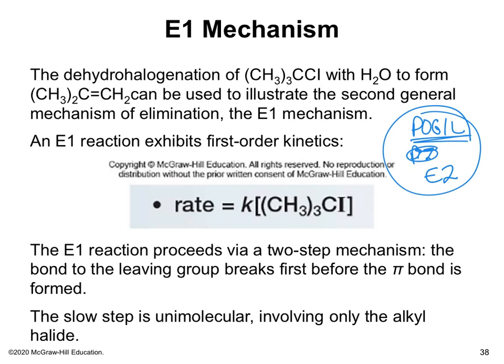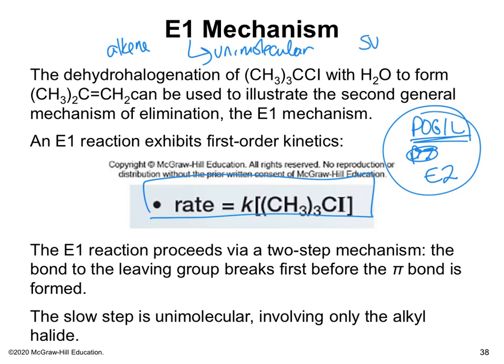E1 mechanism is just the unimolecular, so you're going to get elimination, you're going to get an alkene, and E1 is unimolecular, so the rate of your reaction only depends on the concentration of your substrate, your organic compound that has the leaving group. And this will always, remember, if you get an always in science, write it down, always be Zaitsev's.